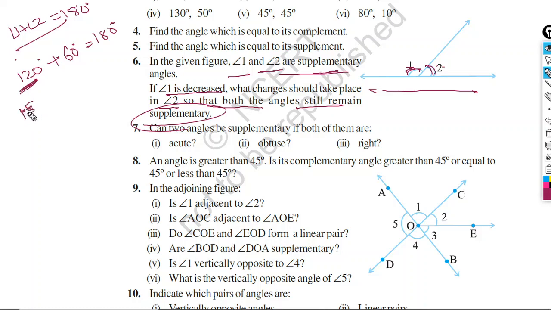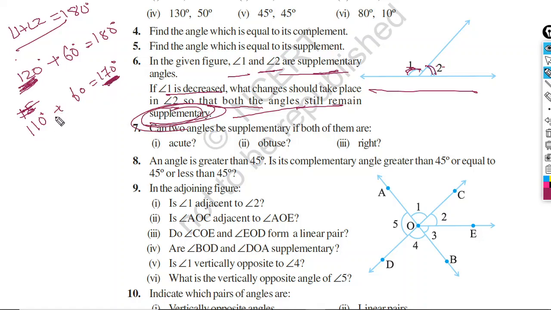Instead of 120 degrees, we will write 110 degrees. So 110 degrees plus 60 will be 170, but the question is saying both still remain supplementary. Are they supplementary now? That's 170 degrees.